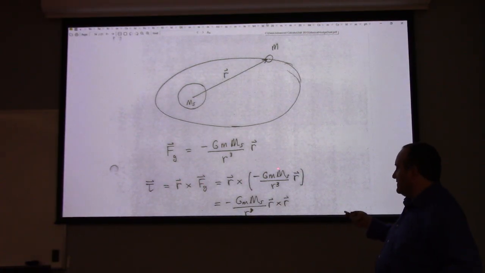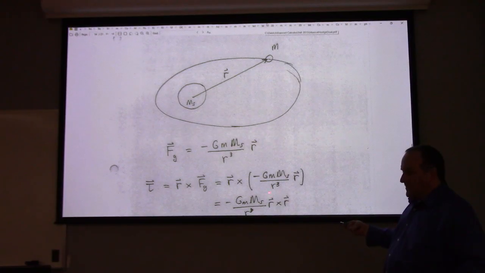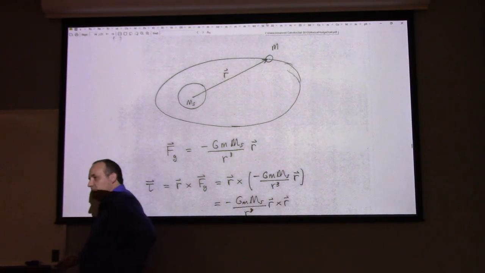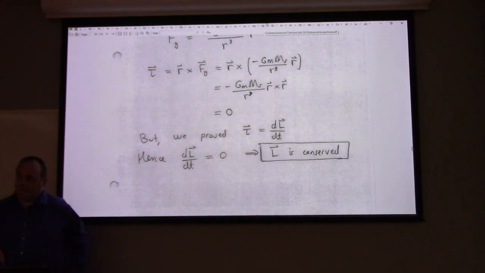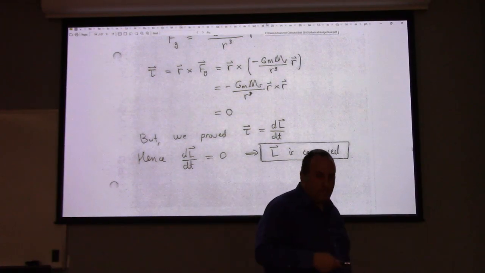Well, that's r cross this. But lo and behold, that's just a constant. So it pulls out of the cross product, and we've got a cross product of a vector with itself. But we remember that that is 0. But on the flip side, this is also, by the calculation I was just talking about in the previous page, dL/dt. So the torque is equal to dL/dt, but the torque is equal to 0, which is to say that the angular momentum does not change, which is to say it's conserved, right?